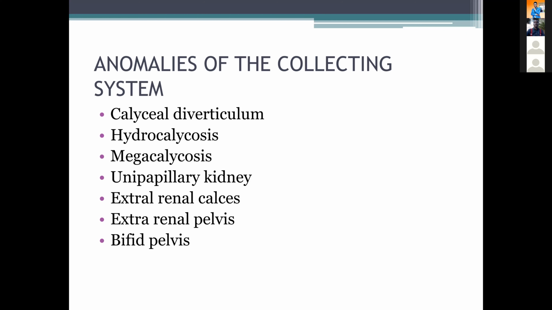You can also have a pelvis that is outside the kidney, or you can have the bifid pelvis, that instead of someone presenting with one pelvis, they actually seem to have two, and those join to continue with the ureter.